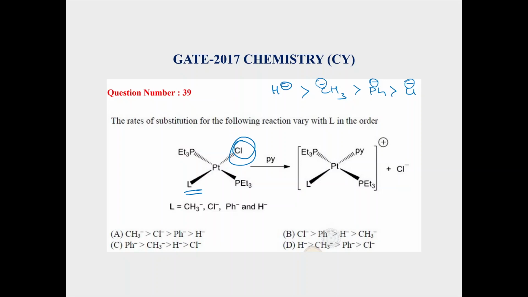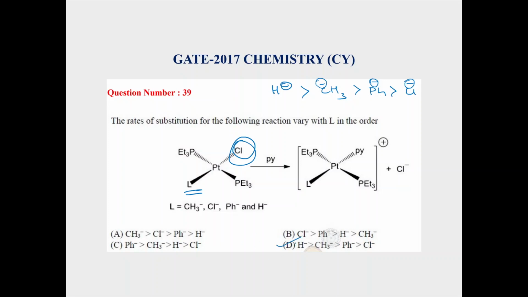So the correct option here, that is the rates of substitution for the following reaction vary with L in the order: H minus will be greater than CH3 minus, that will be greater than PH minus, which will be more than Cl minus.